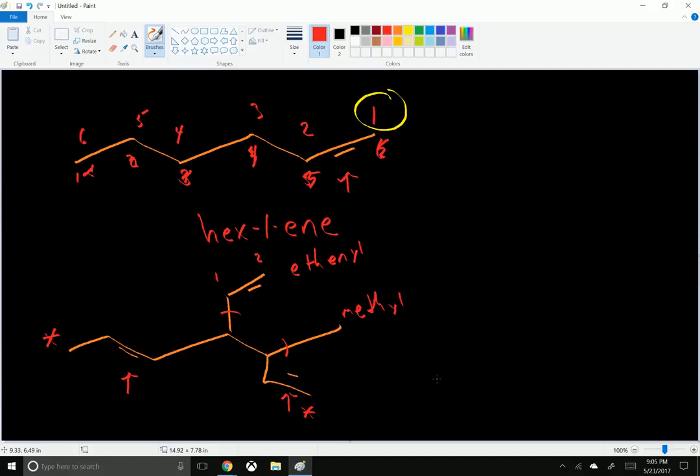As for numbering, we have 1, 2, 3, 4 from the right for the ethenyl, and 1, 2, 3, 4 from the left for the ethenyl. So the ethenyl doesn't help us decide which way to number it. So we're going to be numbering from the right because the methyl group is closer. Numbering the double bonds, that can have an effect, just as with anything else.